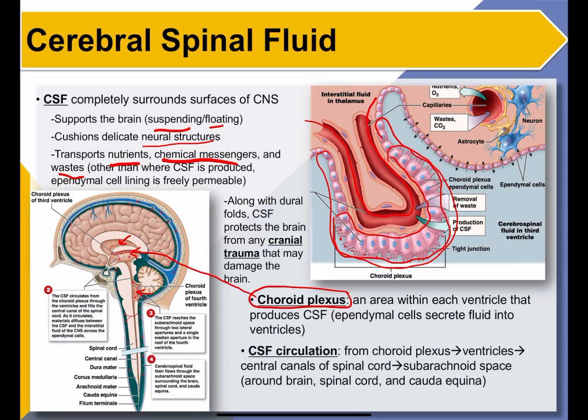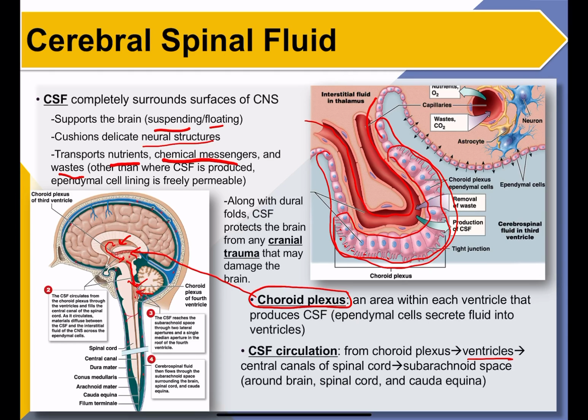Now, the route that cerebrospinal fluid circulation goes is it will travel from the choroid plexus of each of the ventricles, whether lateral ventricle, third ventricle, or fourth ventricle, into other ventricles, of course, because fluid will be generated here in the lateral and then start going into the third ventricle, then through the cerebral aqueduct into the fourth ventricle.